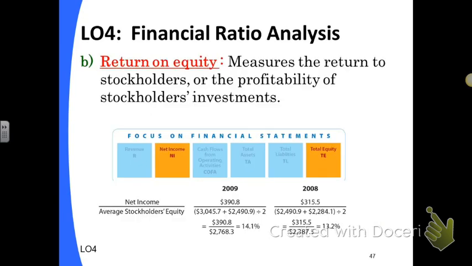Next, we're looking at return on equity, and this measures our return to stockholders, or the profitability of a stockholder's investment. And again, the numerator here is the net income, and our average stockholders' equity is the denominator. So we're going to take our beginning stockholders' equity plus our ending stockholders' equity divided by 2. And just a reminder here, our beginning stockholders' equity is the ending stockholders' equity from the previous year.